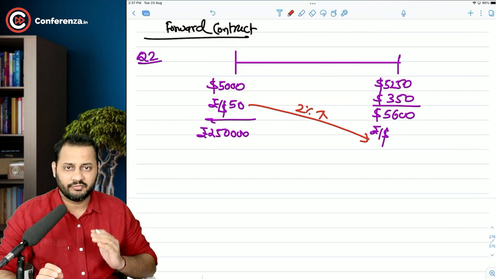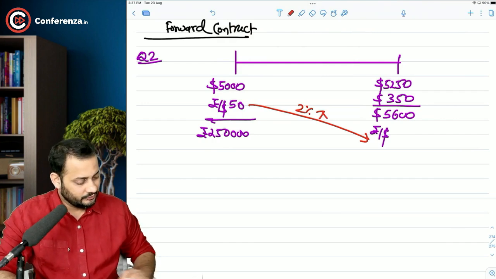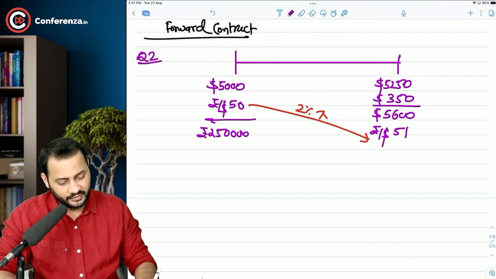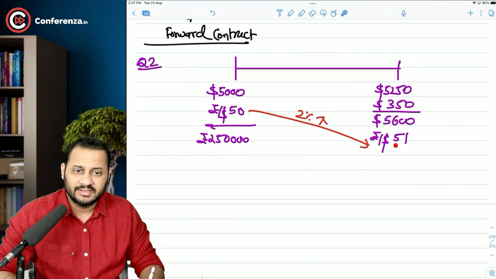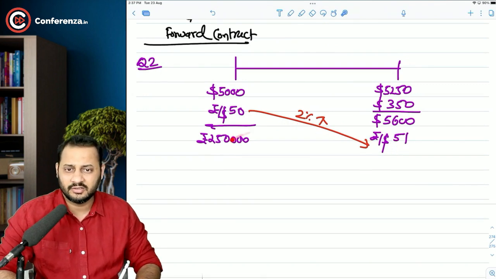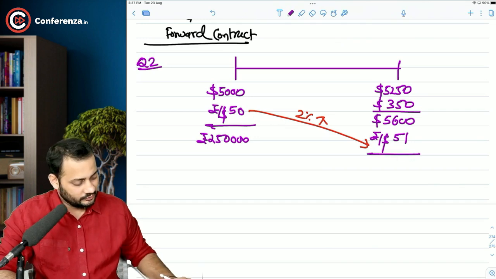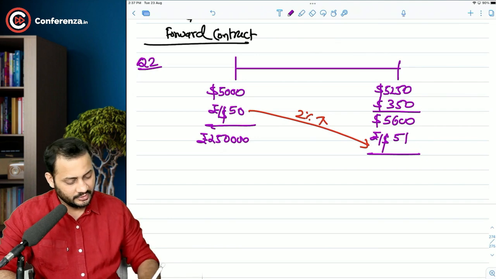So can I say that 50 plus 2% will be the new rate? Yes. So the new rate per dollar is 51 according to the question. They said that 2% is the appreciation during this phase in the dollar.